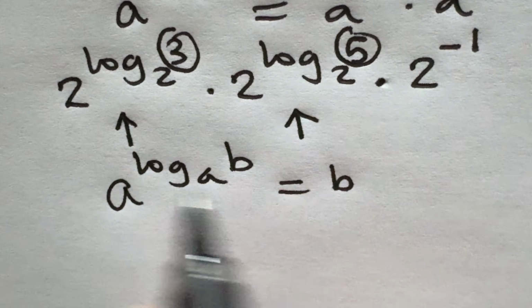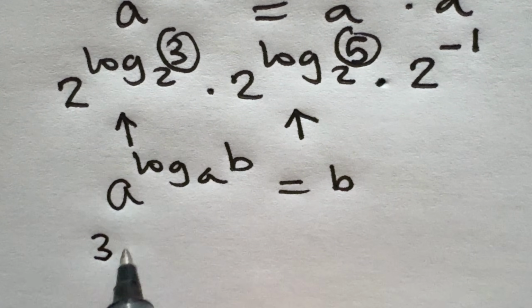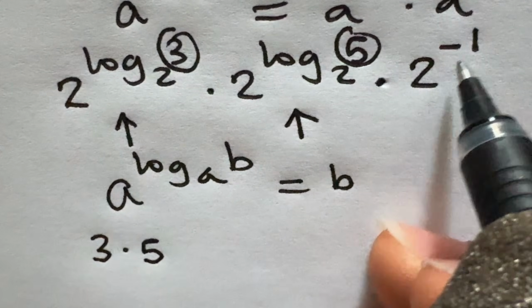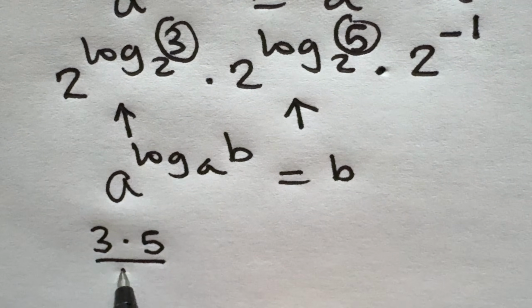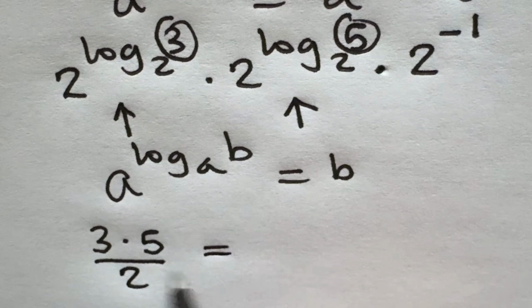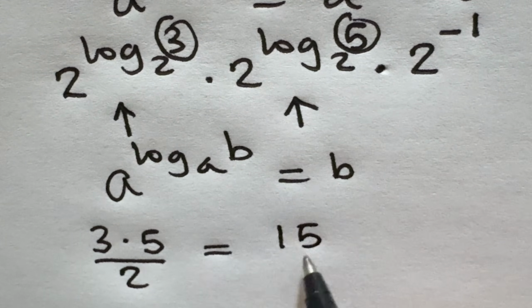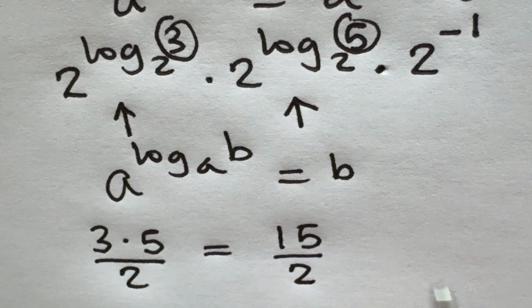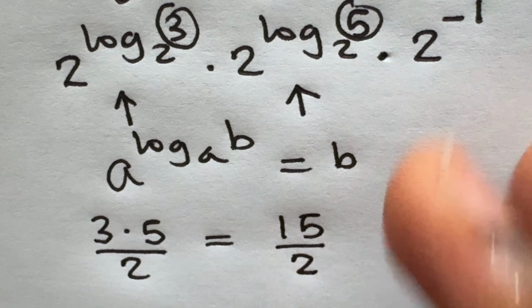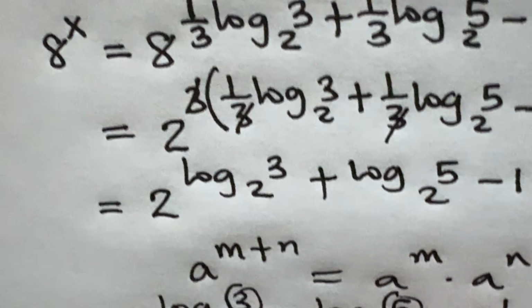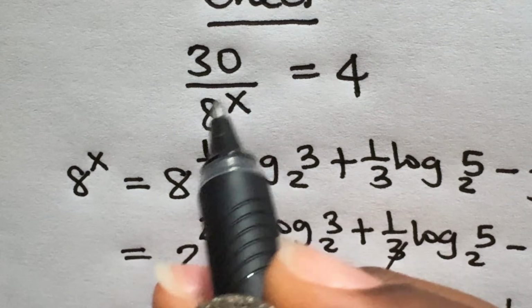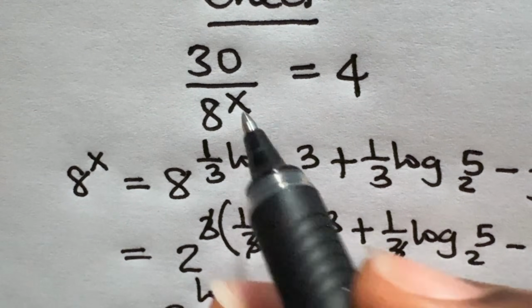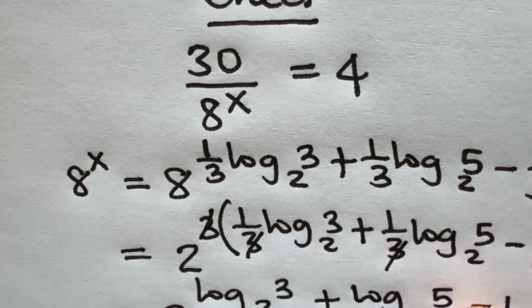So we then get 3 times 5 now times 1 over 2, which will be divided by 2. So this gives us 15 over 2. So we now go back into here and make substitution for 8 raised to power x, which we just reduced to 15 over 2.